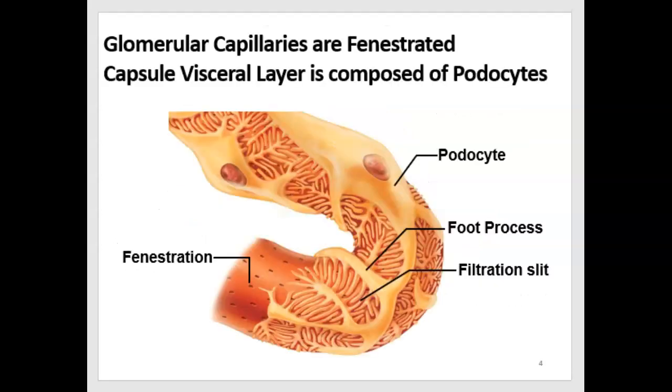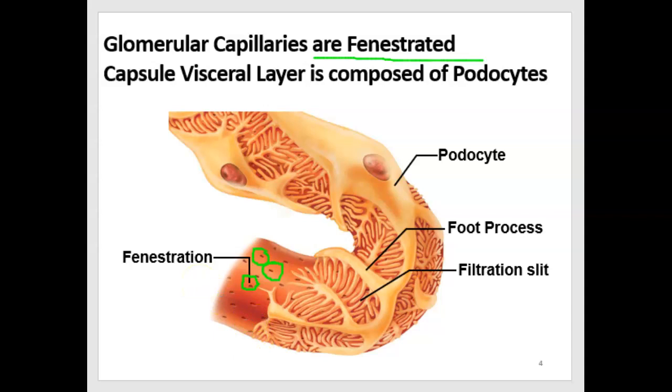So there are some features of the glomerular capillaries as well as the visceral layer of Bowman's capsule that are ideal for filtration. First is the fact that the glomerular capillaries are fenestrated. Fenestration is a hole, and so notice that there are pores present in the capillary wall. That means that these capillaries are leaky.